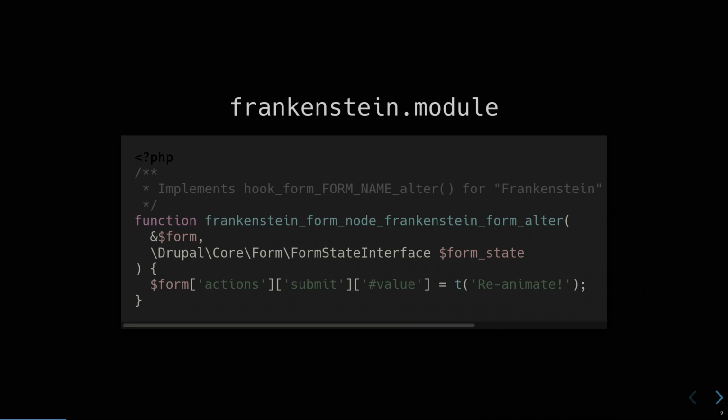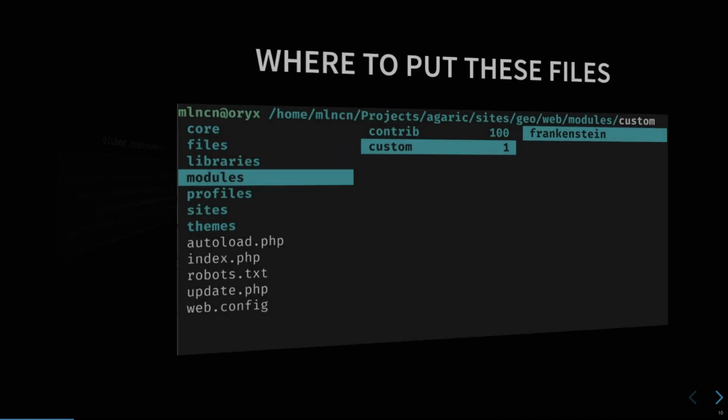So, hook form alter is a hook you can use to change any form in Drupal, and you can specifically use hook form name alter, where you just drop in the name of the form, which I'm going ahead a little bit, then pass in $form. And so here we have changed action submit value to Reanimate, exactly what we want.